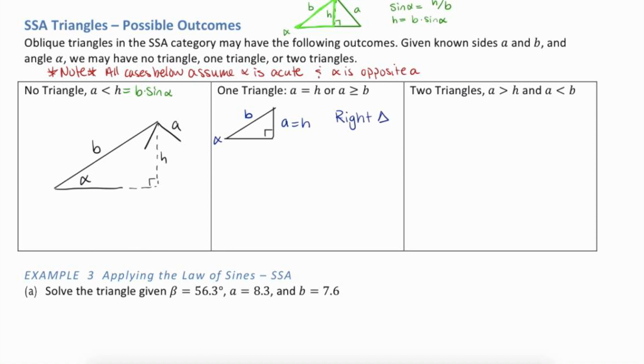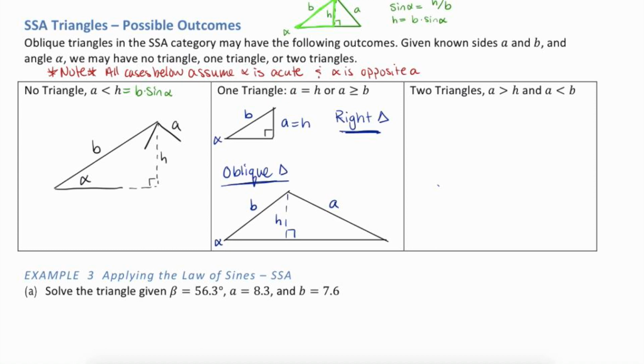We can also still have an oblique triangle, and that would look something like this. So in this case, alpha may be here. This here is my height. So this is side A, and this is side B, and this is an oblique triangle. And so these are our two possible outcomes when we're given an A that is equal to H or an A that is greater than the side B.